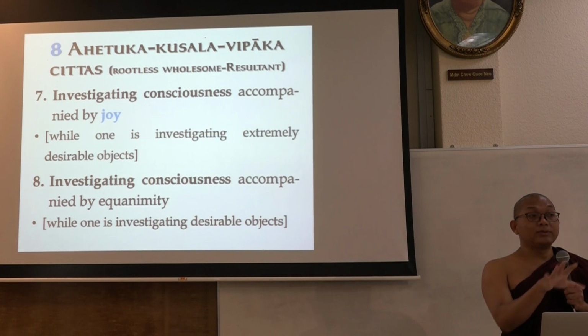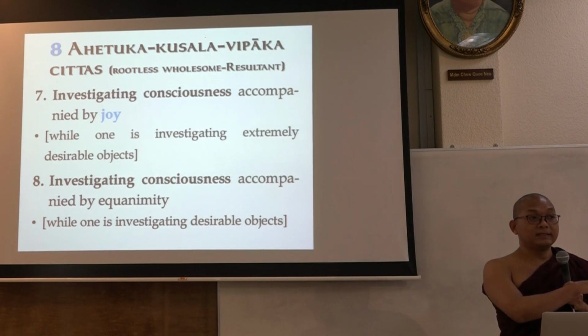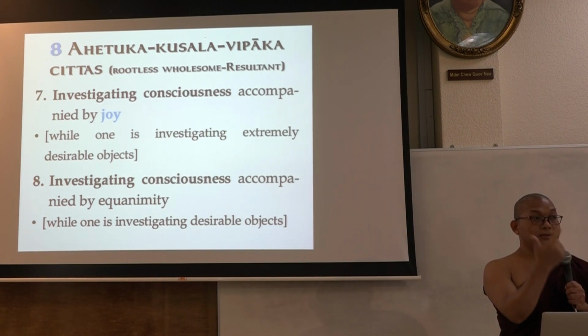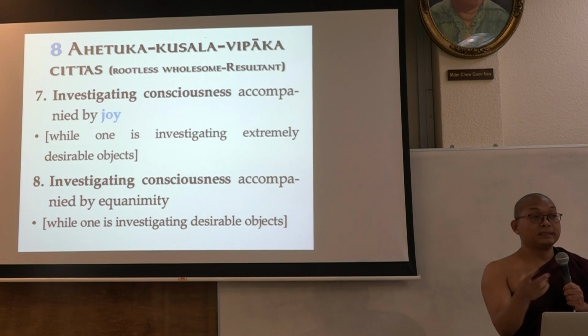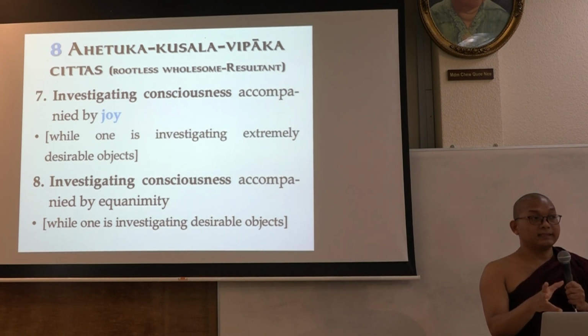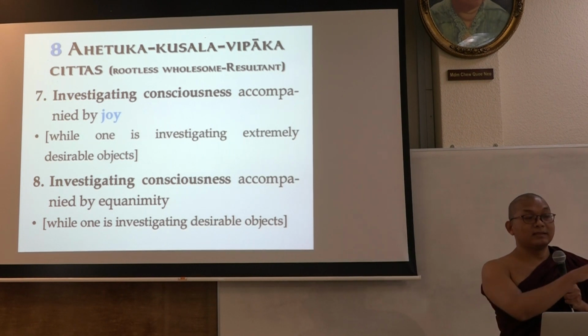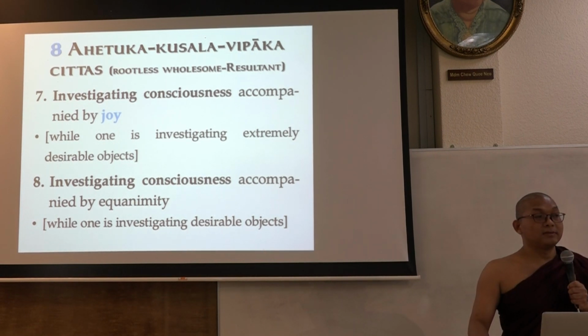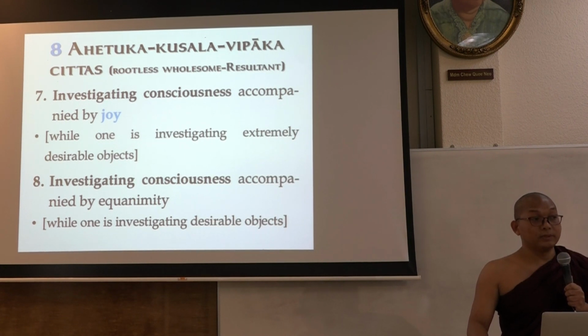So the moment those vipaka cittas arise, there is no wholesome root, no alobha, no adosa, no amoha. That is the first reason. The second is that they are vipaka cittas, resultant cittas, whereas lobha, dosa, moha are akusala. So akusala vipaka does not associate with lobha, dosa, moha. Therefore, no sahetuka akusala vipaka.